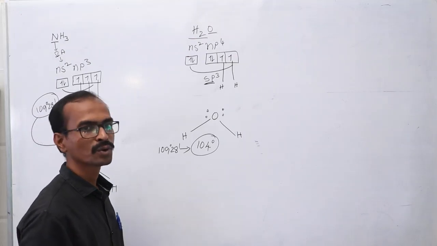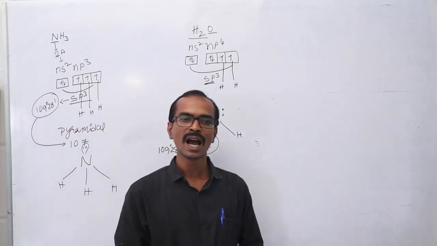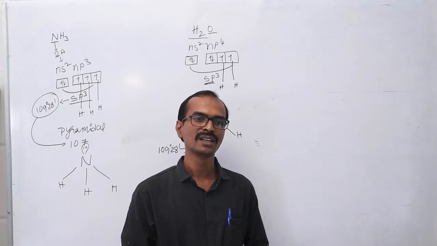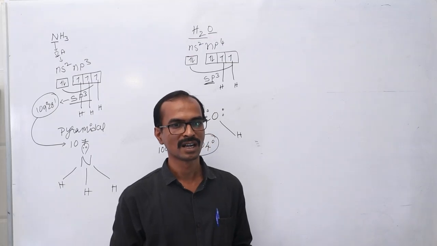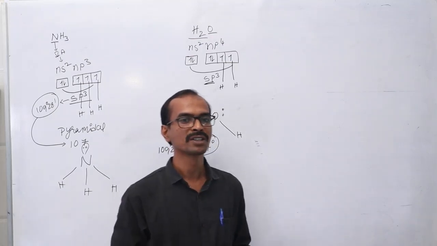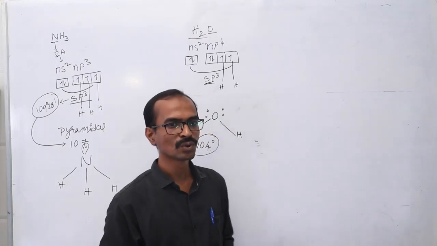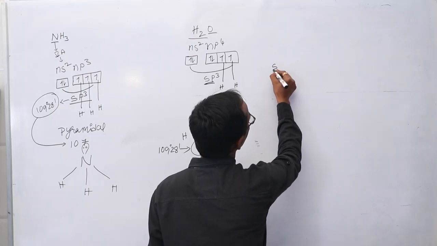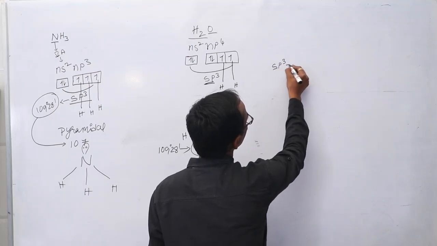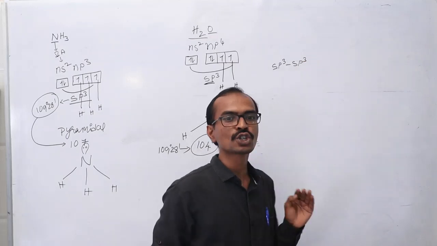This is about the structures of the molecules based on the hybridization. And if we discuss different parameters, what is that? What is the bond strength according to the hybridization? So if a sigma bond is formed by the overlapping of 2 sp3 hybrid orbitals, that will be a strong bond.